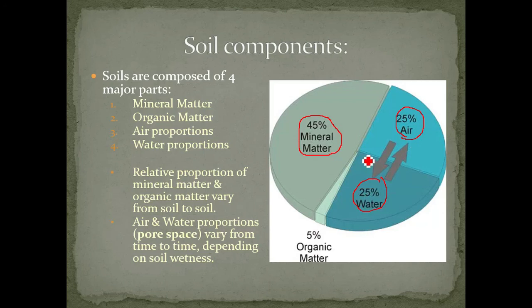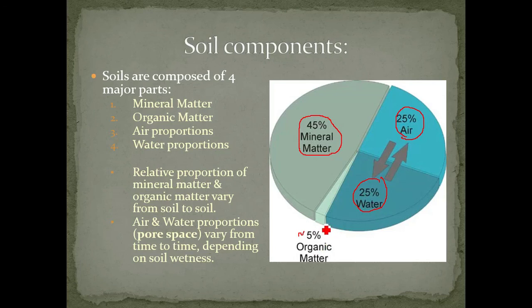There are a lot of pores in amongst all these soil particles that are spaces where air and water hang out. And then we have this organic matter, which would be approximately 5%. It can vary from 0 up to greater than 5%, as much as 10 to 12% in some cases.